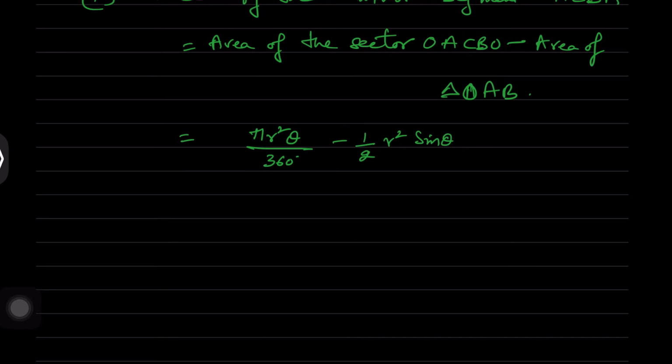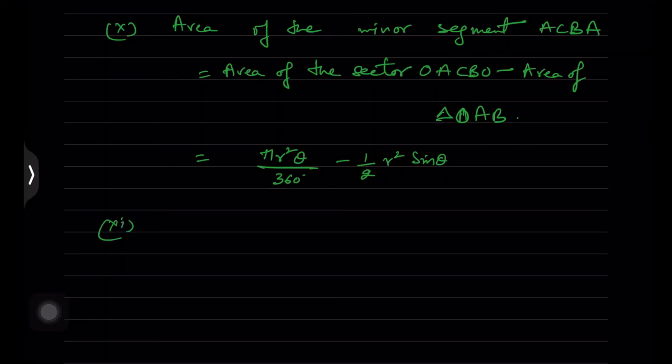OAB. Now next, what is the area of the major segment? We'll see. Area of major segment BDAB. The part other than the minor segment becomes the major segment in that circle.